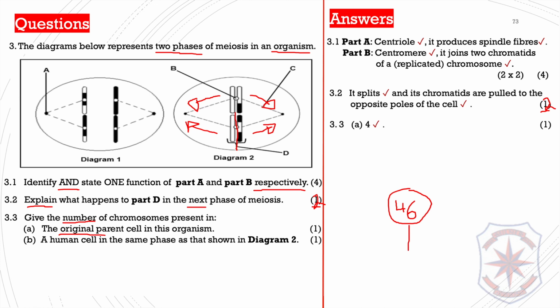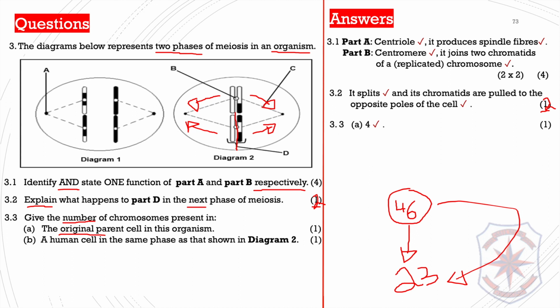It means that the haploid number in a cell undergoing meiosis 2, remember the cells under meiosis 2 are always haploid, meaning we divide 46 by 2, which is going to give us 23. Remember, we said to move from a diploid number to a haploid number, we just divide by 2.